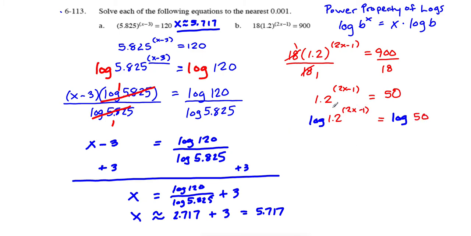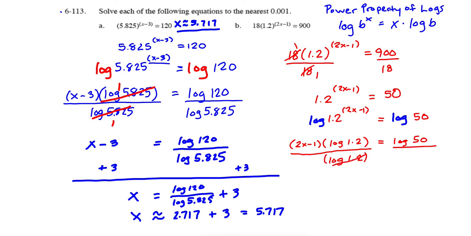So let's get that exponent out of here. We're going to say 2x minus 1 times the log of 1.2 should equal the log of 50. Let's get the 2x minus 1 by itself by dividing each side by our log of 1.2.